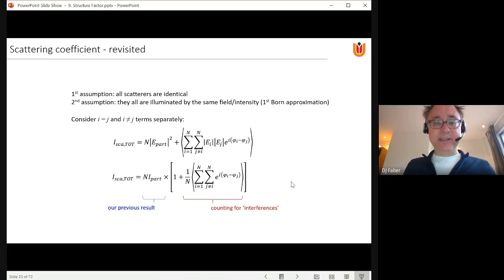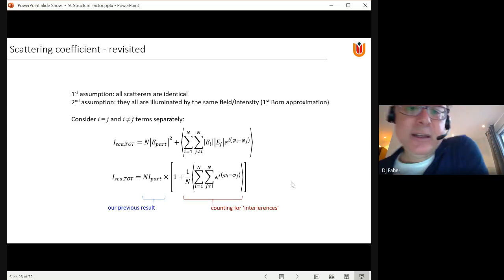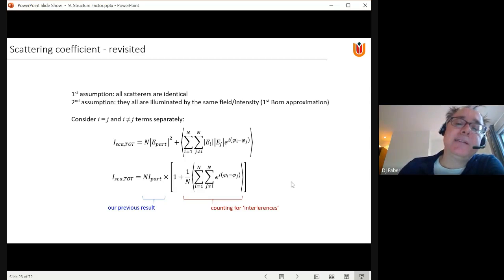We can rearrange that a little bit, because we know that if the particles are identical, then the scattered amplitudes, even if you look at the cross terms, are also going to be equal to the intensity of a particle because they are identical. The amplitudes are identical, so we can take that out of the equation and rearrange. We find this expression.